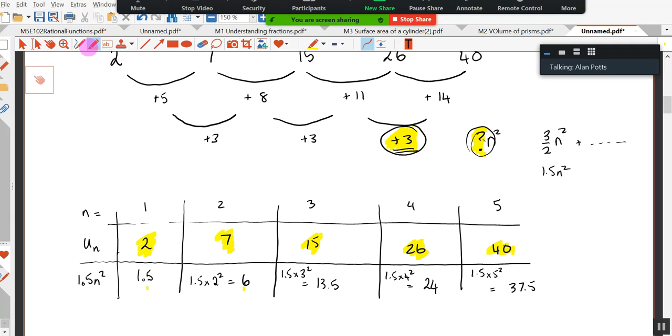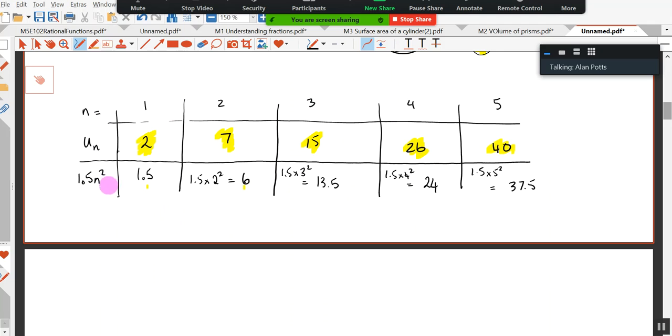So this is purely the an squared bit, but we're still missing a possible bn plus c. We're missing a possible linear part to this quadratic. So a quadratic is made up of a quadratic part and potentially a linear part and a constant part. And obviously, because the quadratic part hasn't given me quite what I want, there must be a linear component or even just the constant to it.